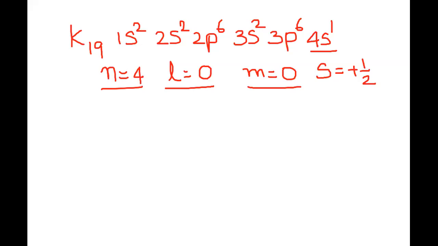So when you write the quantum numbers, if n is equal to 4, that means the electron it is talking about is in the fourth period. Since L is equal to 0, it will be S here. M will have to be equal to 0, and S is equal to plus half. That means only one electron has entered.